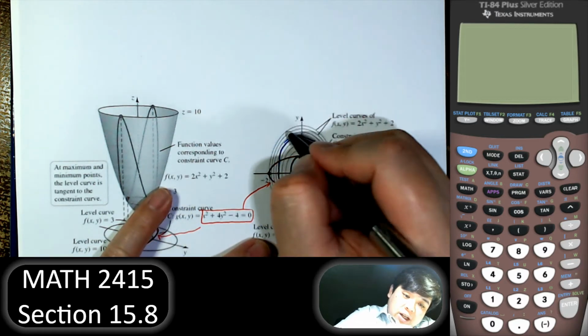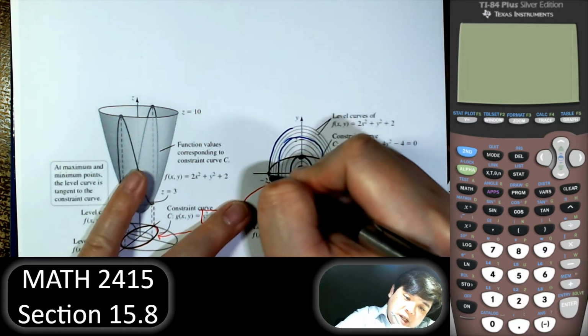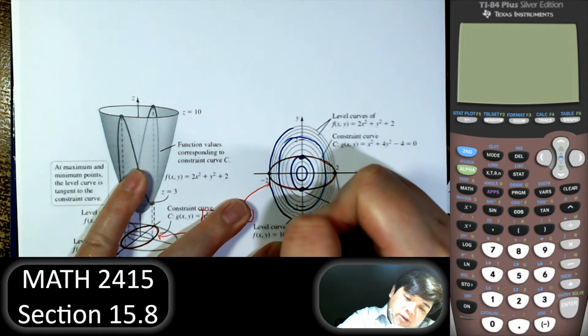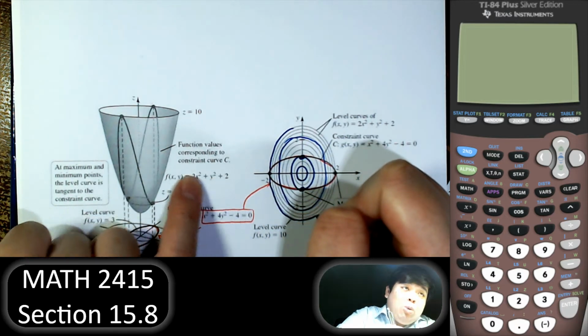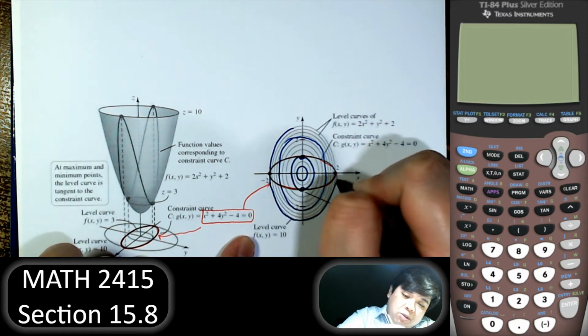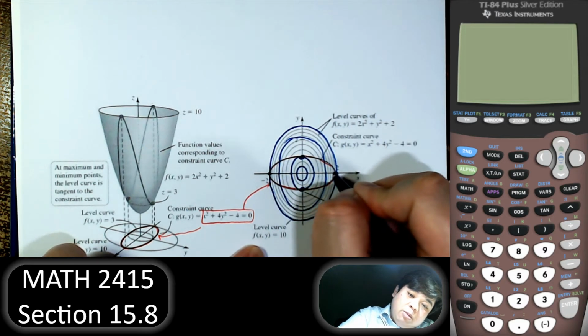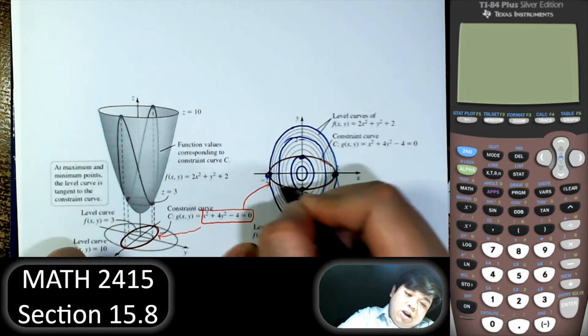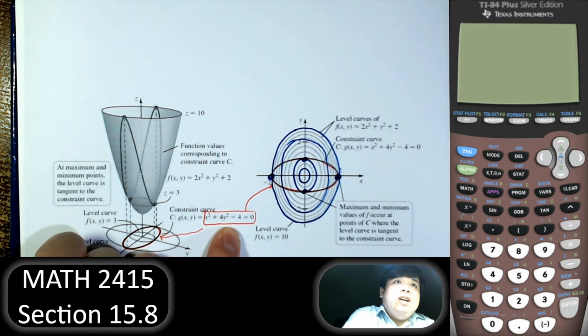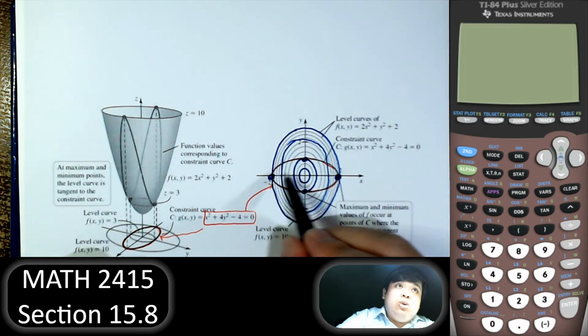And then there will be a different level curve. When we let this equal a constant, we have a big level curve, and the intersections of the level curve of the function and the constraint are 0 and 2, 0 and negative 2.